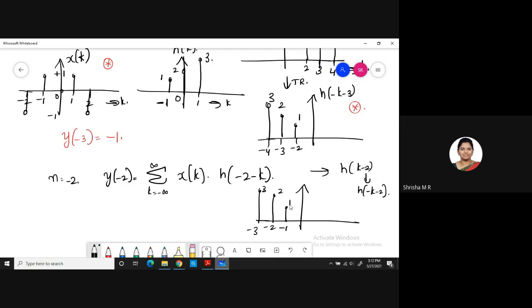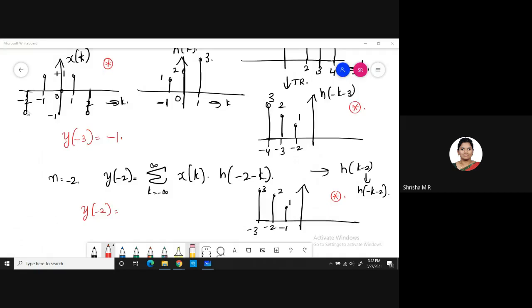So our waveforms of interest are x of k and h of -2 minus k. This one. Now check the overlapping space. What is y of -2? Where is it overlapping? Where are these waveforms overlapping, guys? At -2 and -1 now. At -2 and -1. So at -2, what you have here?